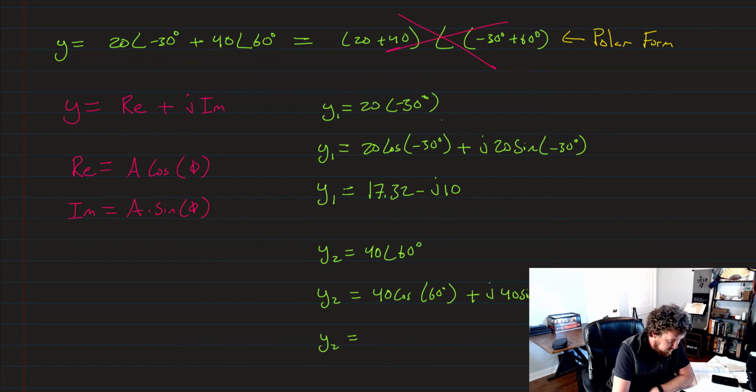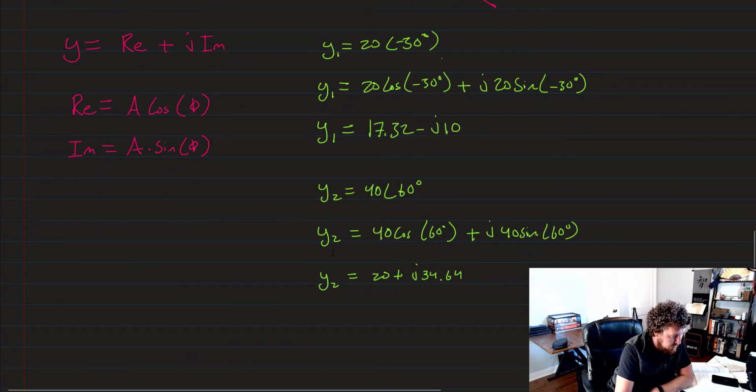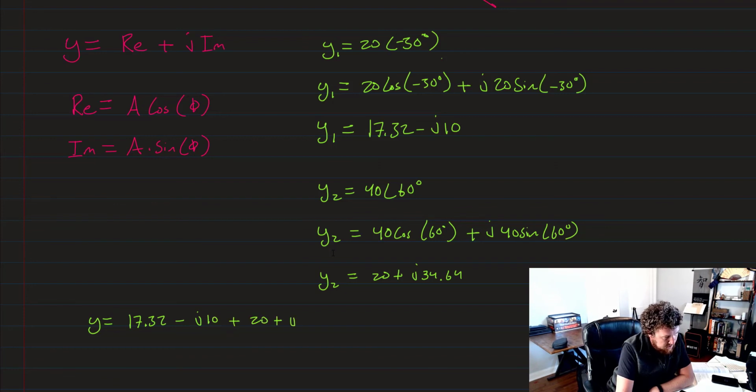And that gets us y2, which is equal to 20 plus j34.64. Now from there, we can just add them up directly. We can say that y is equal to 17.32 minus j10 plus 20 plus j34.64.